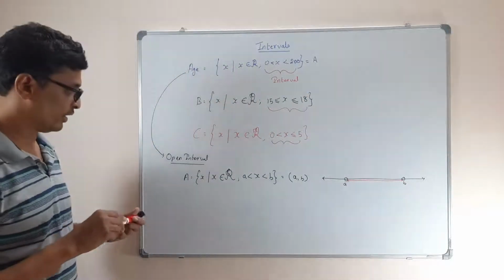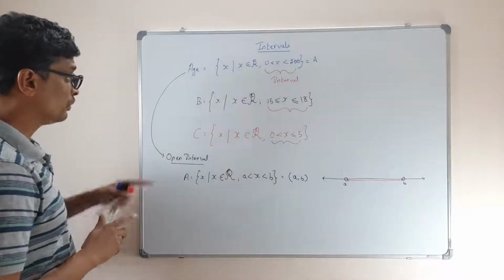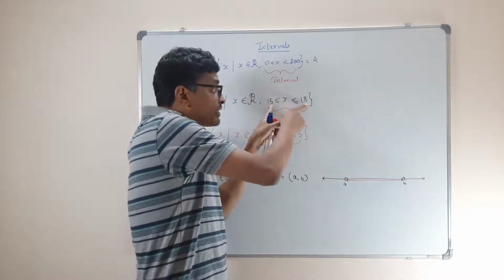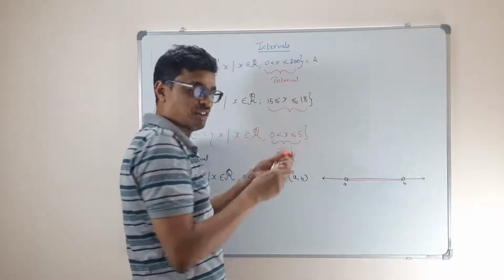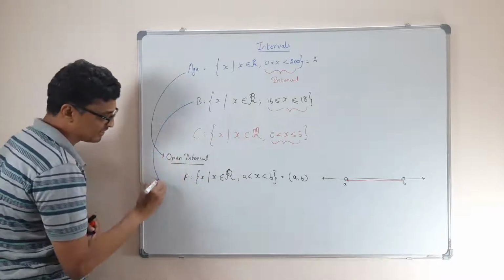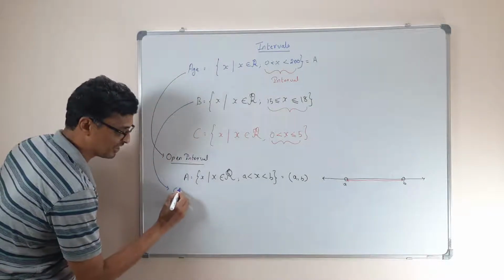So this is our open interval. Now, when the interval includes the extreme points, then you call that interval a closed interval.